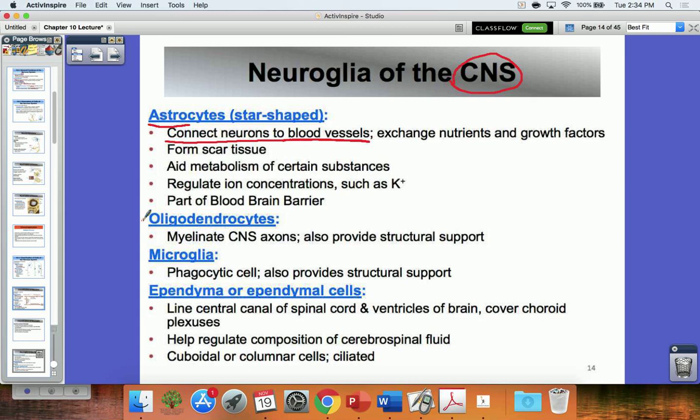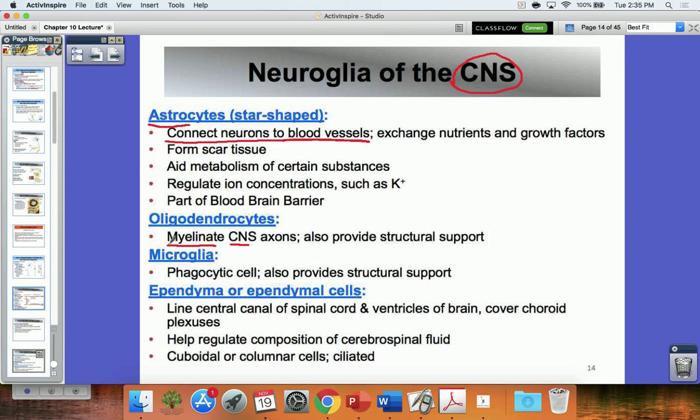Our next is our oligodendrocytes. Oligodendrocytes are going to be responsible for, again, in the CNS, for producing myelin. And I'm hoping you're thinking at this point, oh, we've already talked about a type of cell that produces myelin.